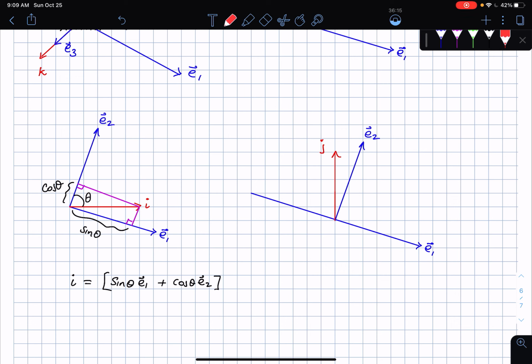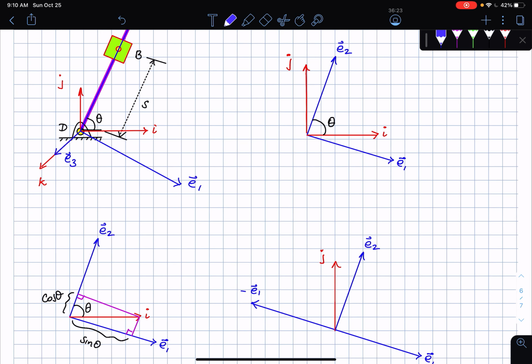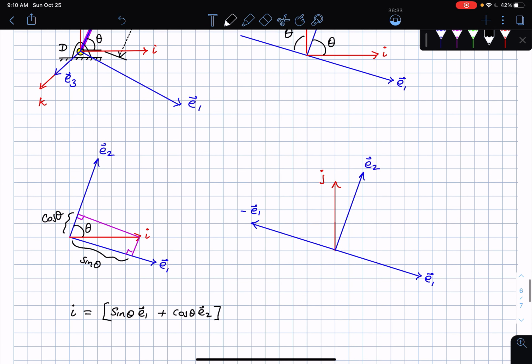So this is going to be minus E1 then. And you know that this angle was given to you as theta. So if I take my figure here and bring it down here, then I know that this angle here is also going to be equal to theta.